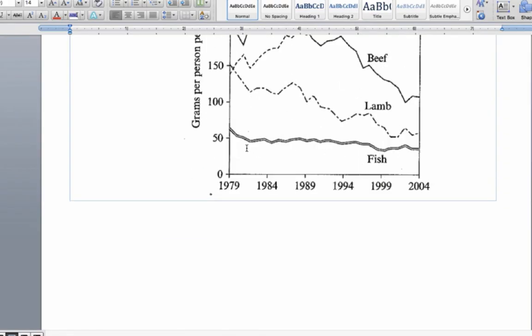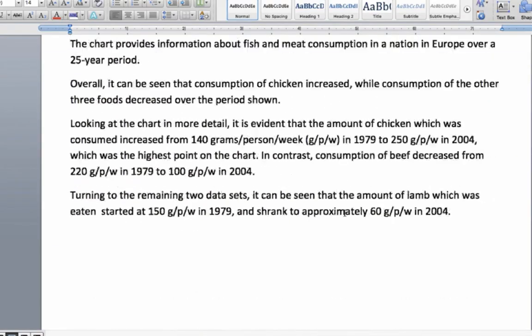Right, then we're going to do fish. Can you think of anything to say about fish? The line's pretty flat. This is more advanced, but throw it in. Consumption of fish. You don't have to do this. It's nice. It's nice for 2 reasons. Gives you another comparative, gives you a few extra words, but then it also gives you that, a relative pronoun, an it or a this, and that's always very nice.